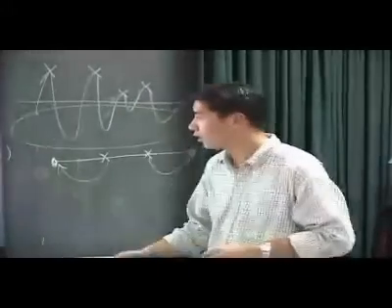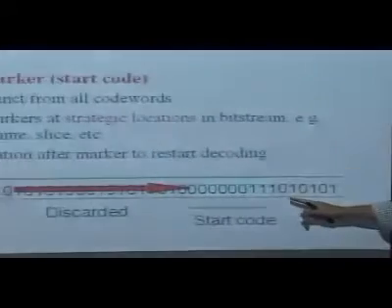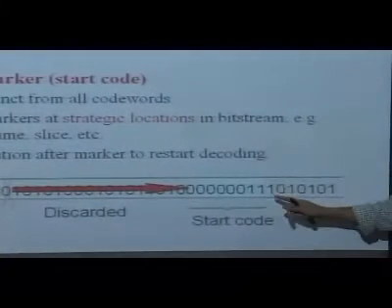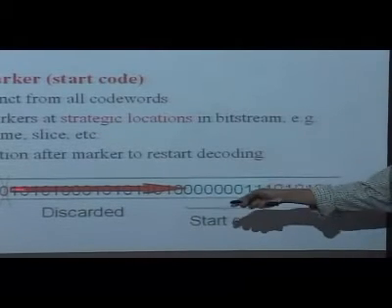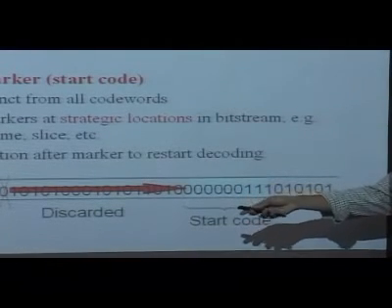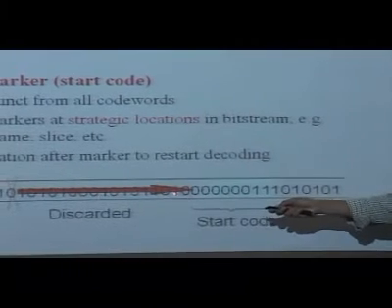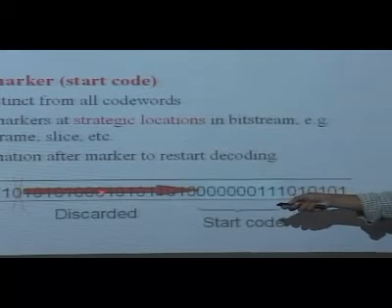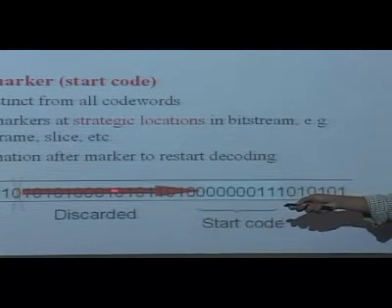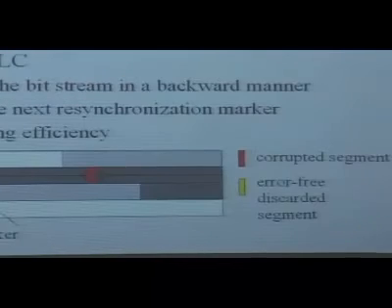So these are synchronization markers that we put in the code so that here we can start decoding independently with respect to the previous bits. That will eliminate some of the error bits, because if you make a mistake here, the error happens to be only from here to here. Then you resynchronize, and everything will be okay.